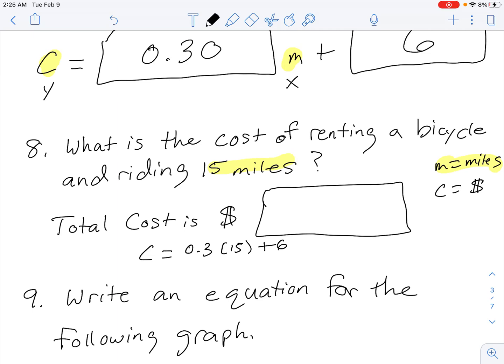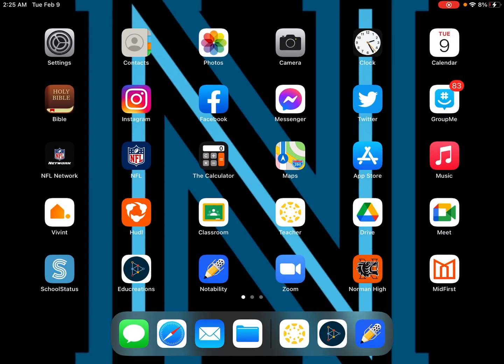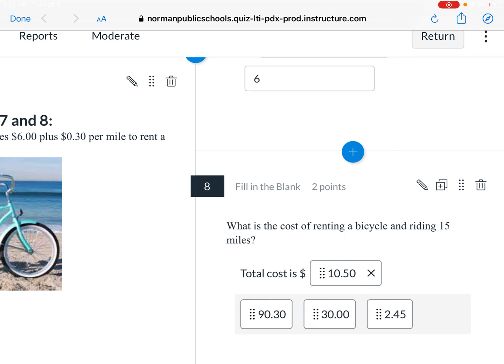And when you do the math, 0.3 times 15 is 4.5, plus 6 is $10.50, and I'll write it in the answer box. $10.50 would be the answer that you drag into this spot.